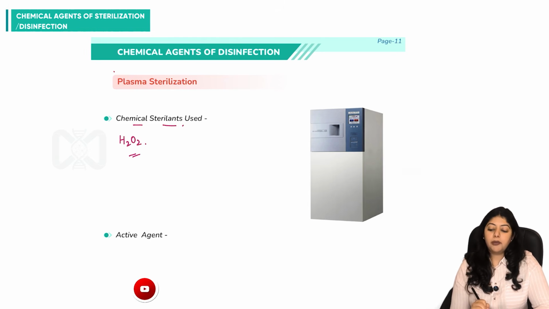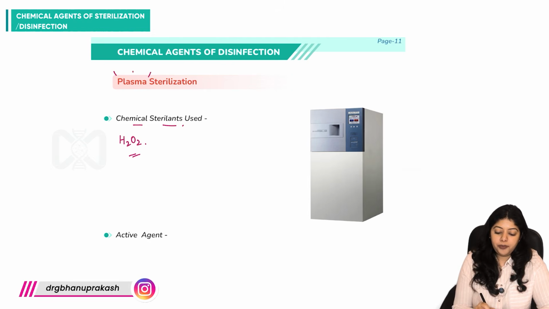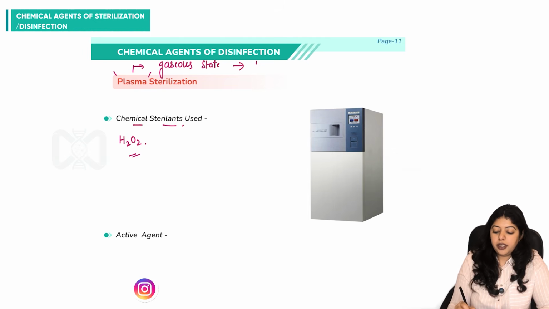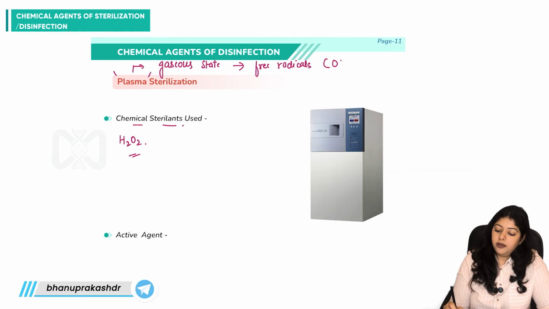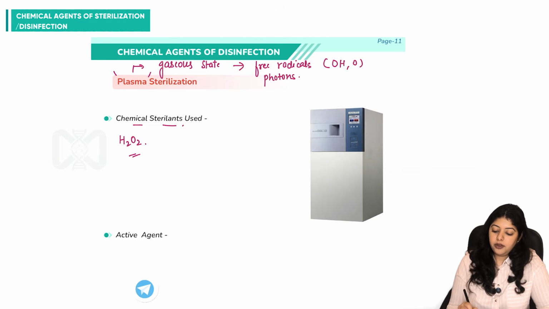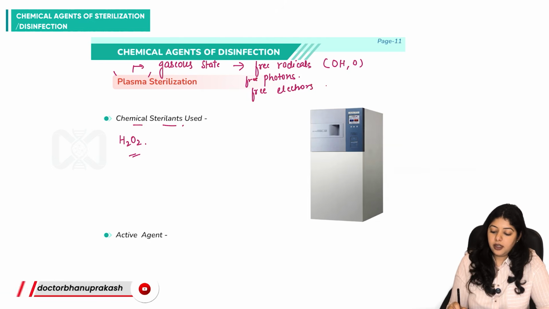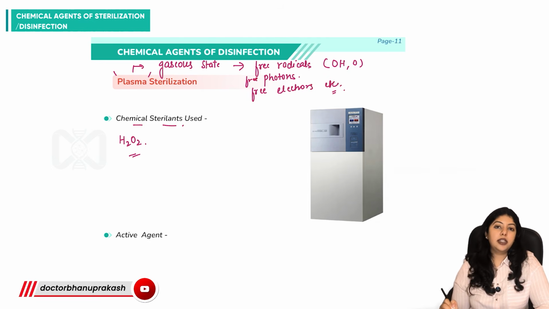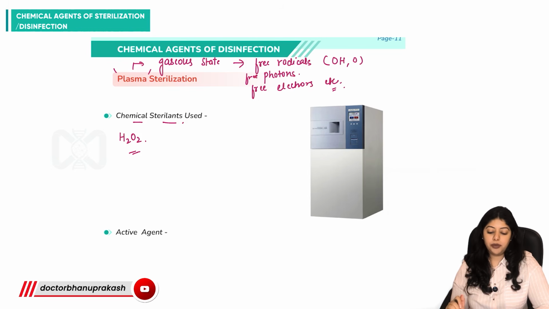So let us first discuss plasma sterilization. What does this exactly mean? So plasma is a gaseous state which comprises free radicals, OH, O. Then we have photons, free electrons, etc. So plasma state is created in this type of sterilization.